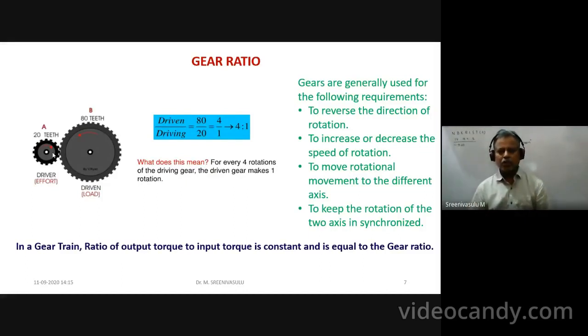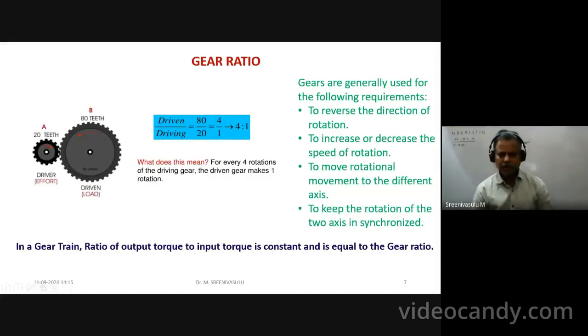Then the next one, to increase or decrease the speed of rotation. If A is the driver, the driven wheel is going to rotate with lesser speed. If B is the driver, A is going to rotate with higher speed. So depending upon the requirement, we can either step up the speed or step down the speed.